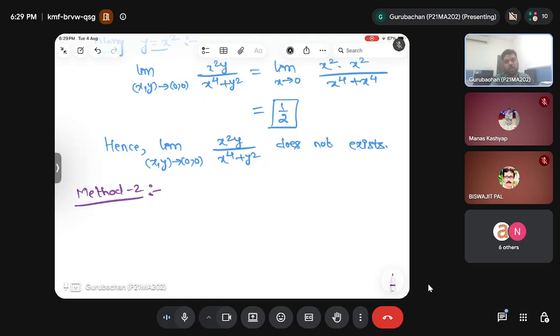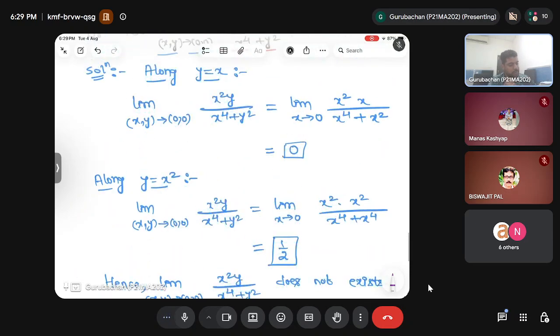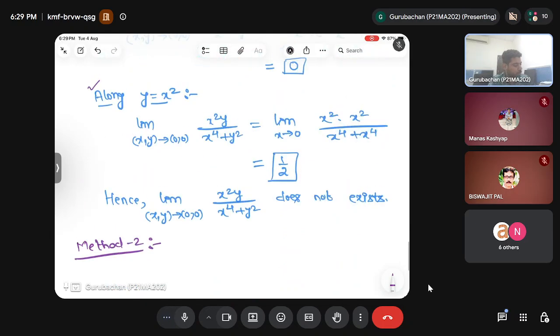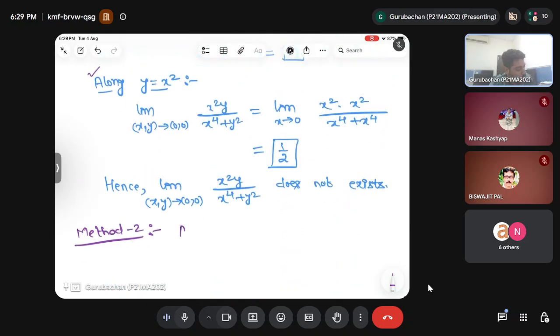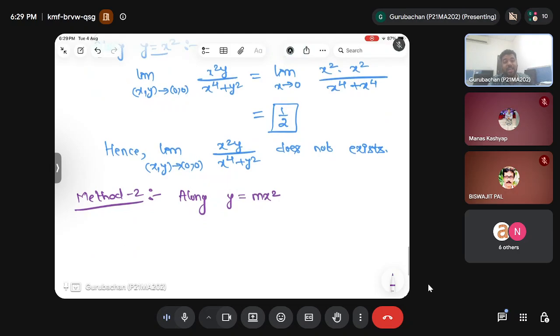Sometimes it will not look directly like what you have to choose in terms of m. That's why the easiest approach is to see these two curves, or simple two paths. So now along y is equal to mx square. Obviously here m can vary, m can be 1, 2, 3, 4.